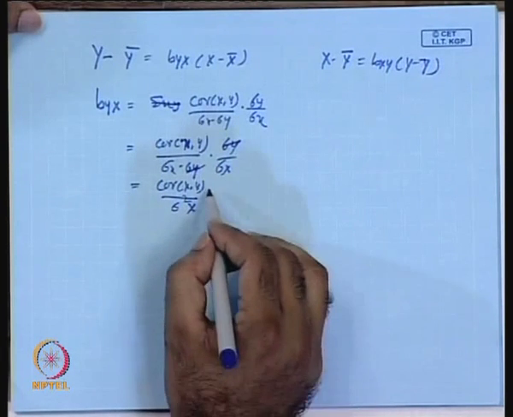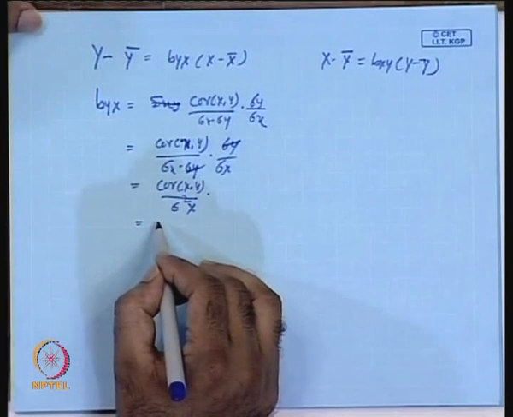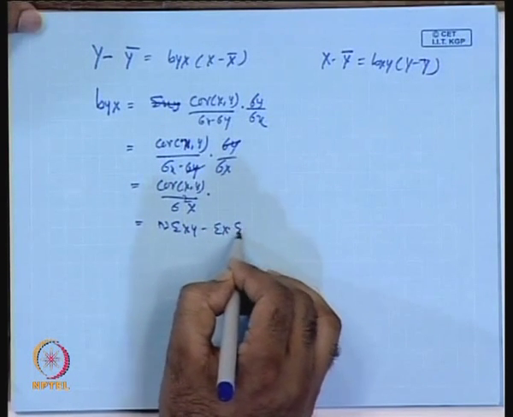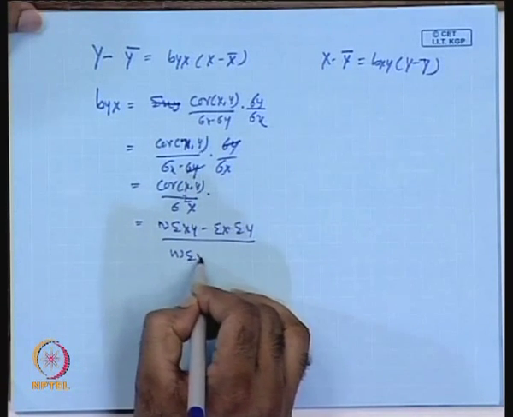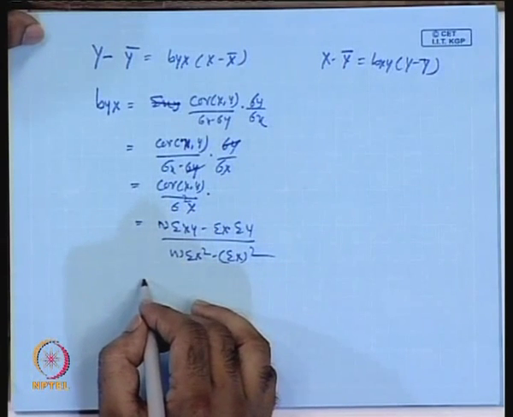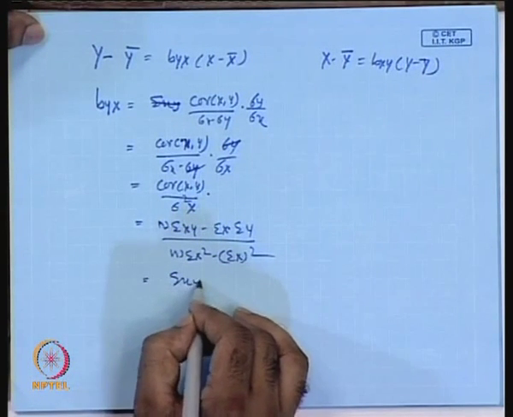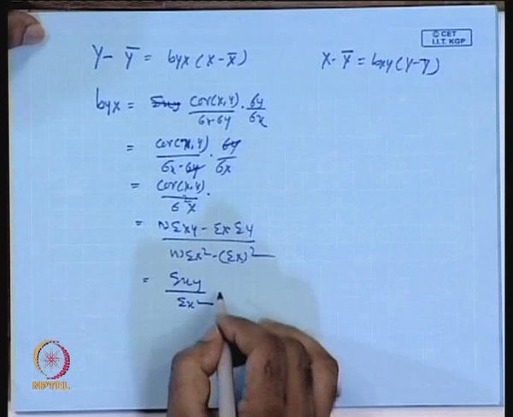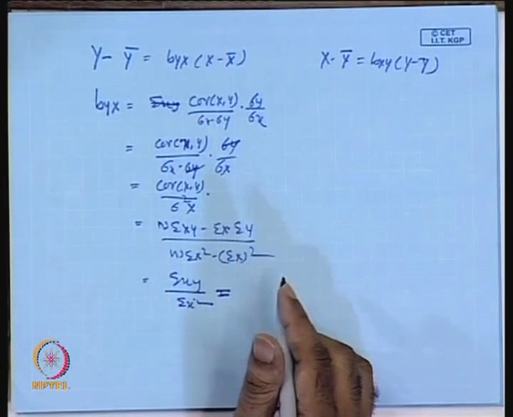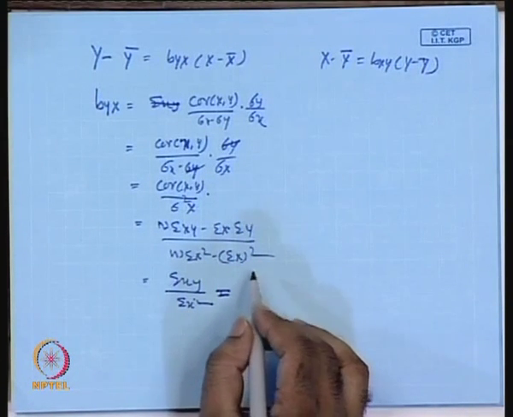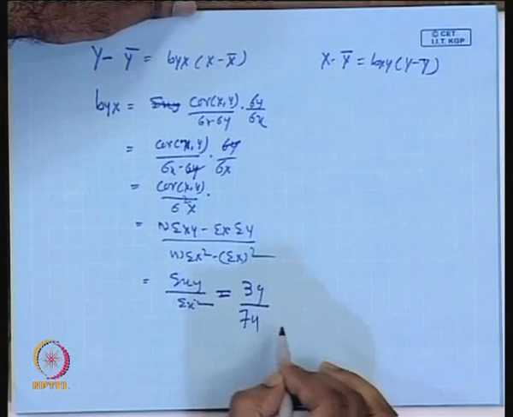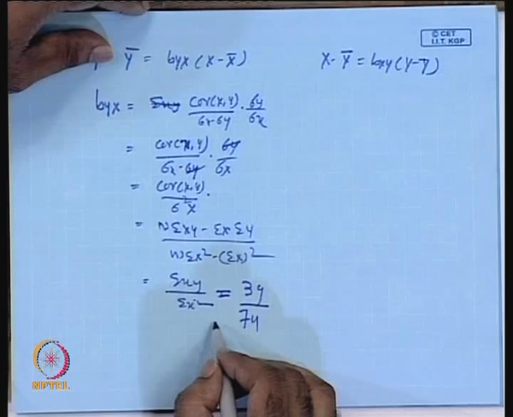We simplify this: it is n summation xy minus summation x into summation y, divided by n summation x square minus (summation x) whole squared. Further simplified, it is summation xy by summation x square. Summation xy is 39, so 39 divided by summation x square, which is 74. This is the regression coefficient.